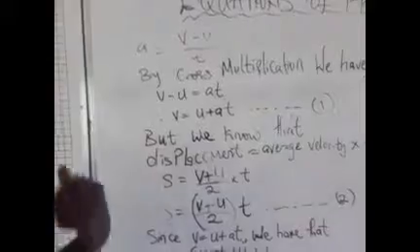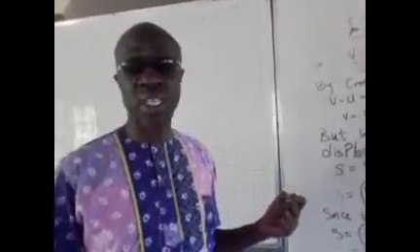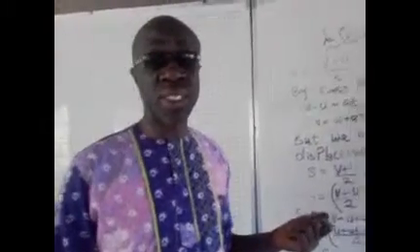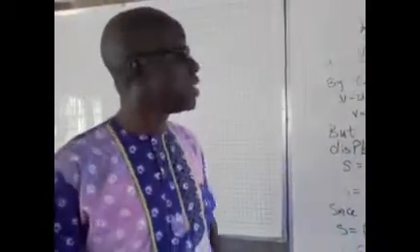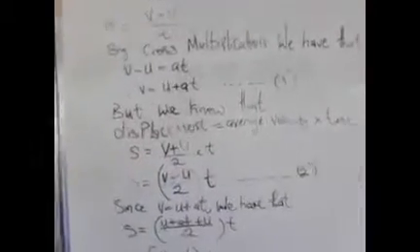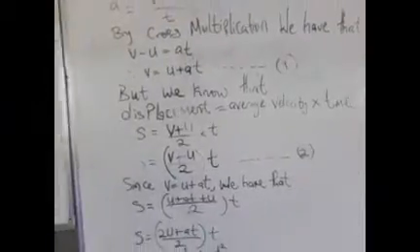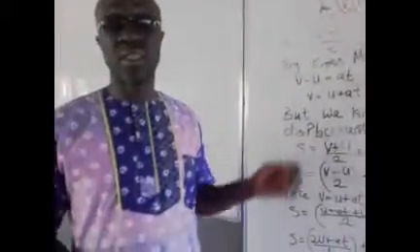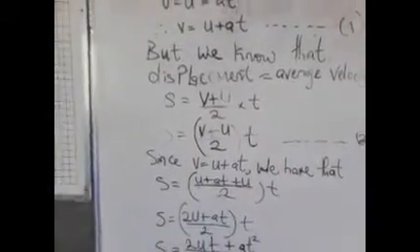Now, we can bring to our knowledge what we said in our last lesson, that displacement is equal to average velocity times time. We represent displacement with small letter S, and the average velocity as V plus U all over 2, because if you are finding the average of two things, you add them and divide by 2.